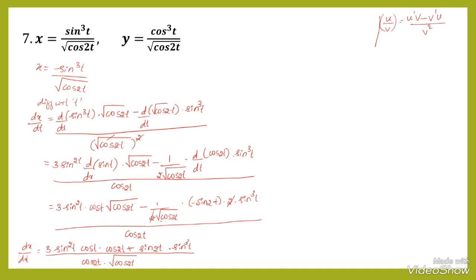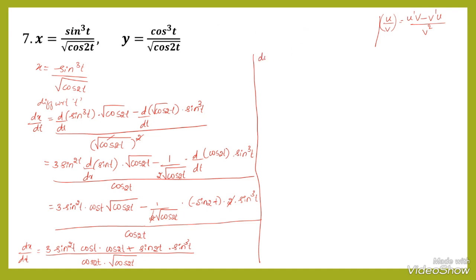While taking the LCM, I take the root of cos 2t multiplication here, then the whole equation is divided by root of cos 2t. Using the law of denominator, the denominator is cos 2t into root of cos 2t. Now, this is dx by dt.